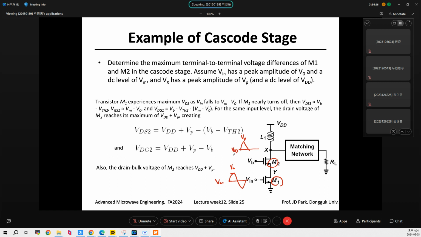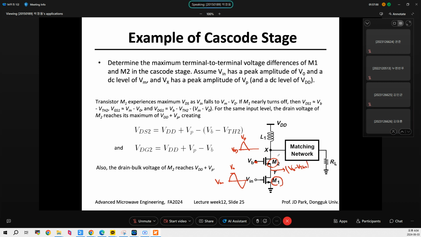Initially, let's look at VDS2. This is VB, so in order for M2 to be turned on, this has to be VB minus V threshold 2.